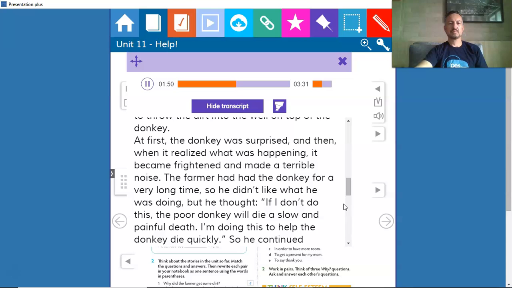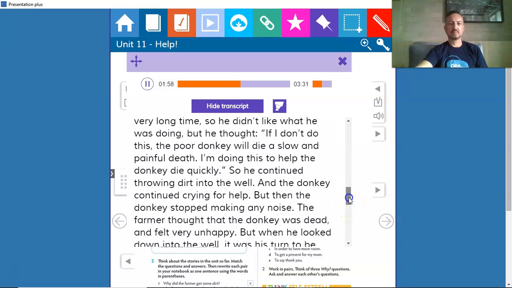The farmer had had the donkey for a very long time, so he didn't like what he was doing. But he thought, if I don't do this, the poor donkey will die a slow and painful death. I'm doing this to help the donkey die quickly. So he continued throwing dirt into the well, and the donkey continued crying for help.